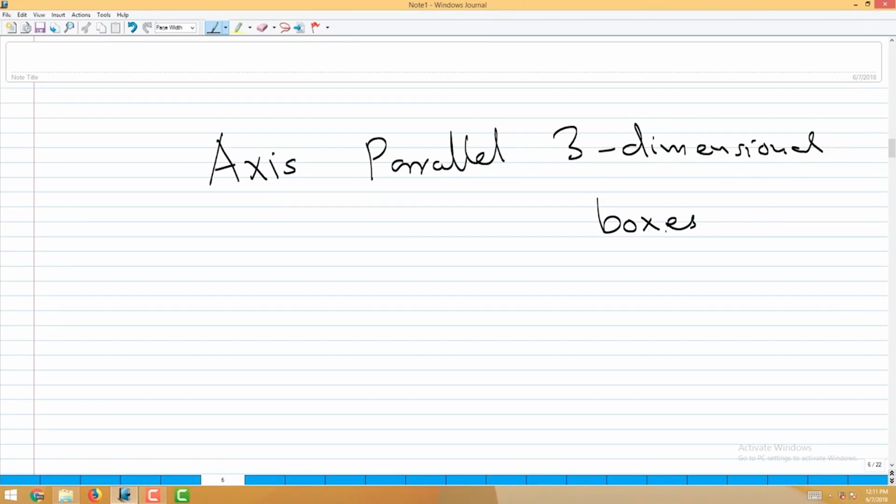Box is a nice word. Whenever many such boxes are given, corresponding to each box you introduce a vertex, and whenever 2 boxes intersect, you place an edge between them. This is the intersection graph. So you can go to higher and higher dimensions and define this kind of intersection graphs.